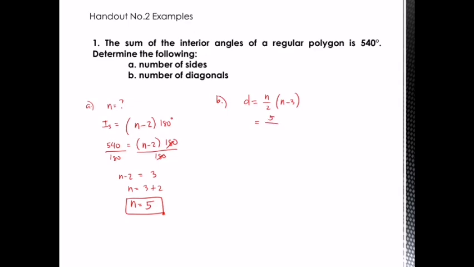That is 5 over 2 times 5 minus 3. So nakuha naman na to ang n. So this is 5. Okay, next.